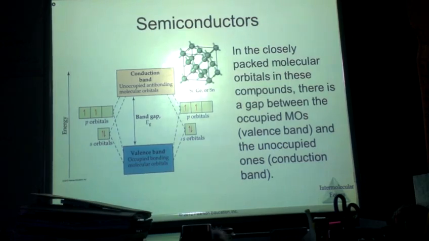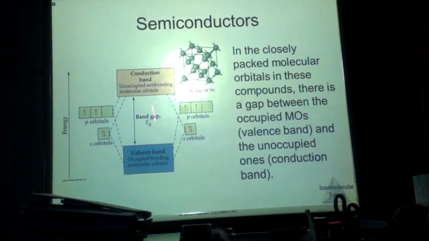As I move down the column to germanium, tin, and lead, the atomic size gets larger, and the overlap does something different. Because atomic size is bigger, and there's a weaker Coulombic attraction, since I'm increasing shielding and energy level, the band gap, the energy between the bonding and anti-bonding molecular orbitals, gets smaller.